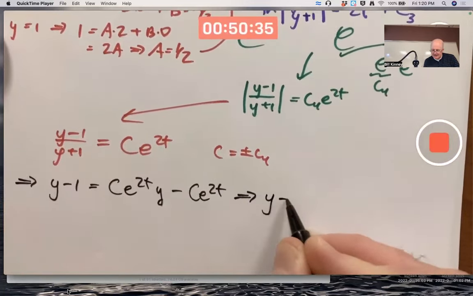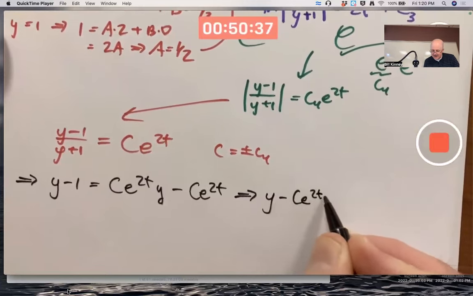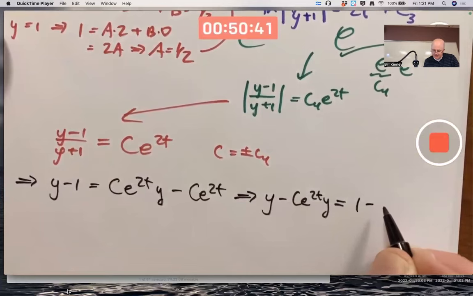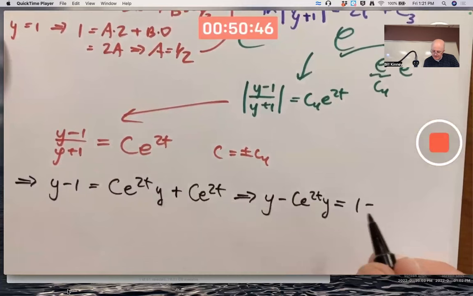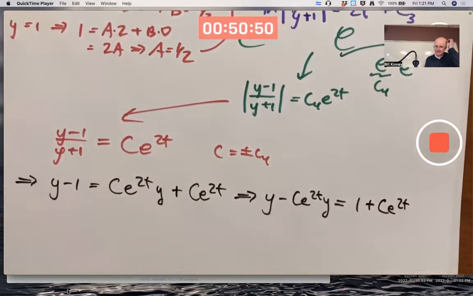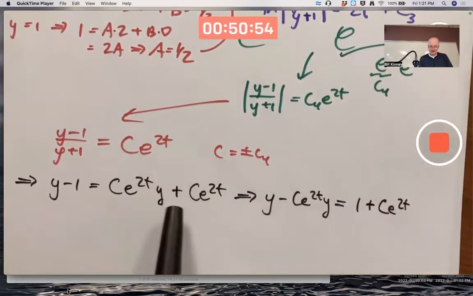Subtract c e to the 2t y from both sides and add 1 to both sides. Oh, and I made the same mistake I made in the last class. This needs to be a plus sign here. I don't know why I made that mistake twice. I guess it was stuck in my brain. Right, I got a plus sign here because there's a plus sign there.